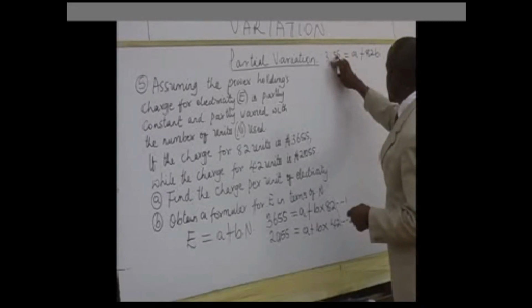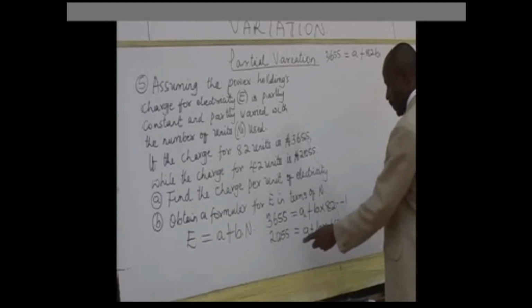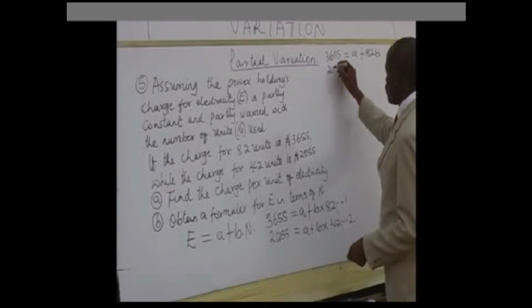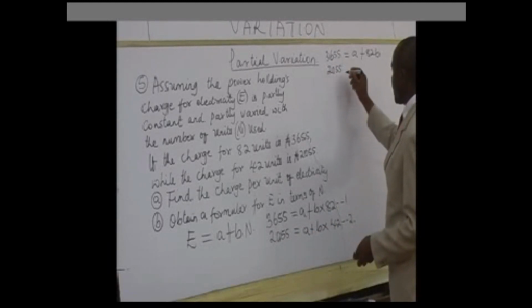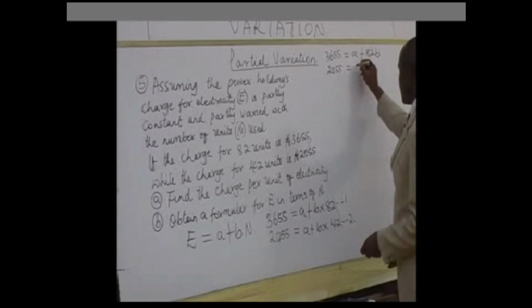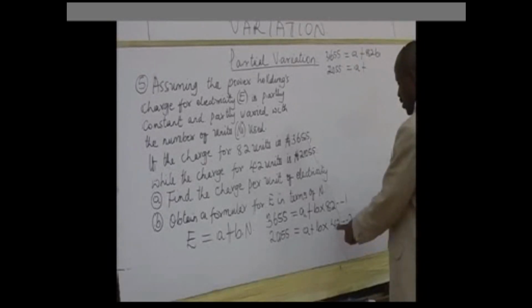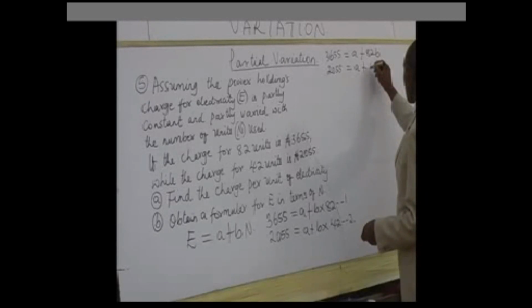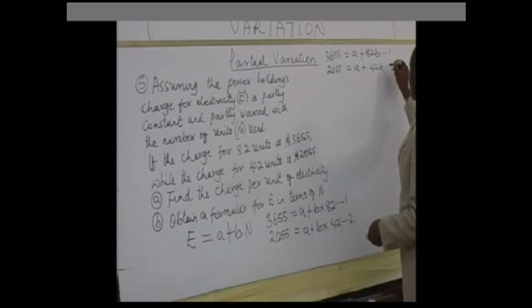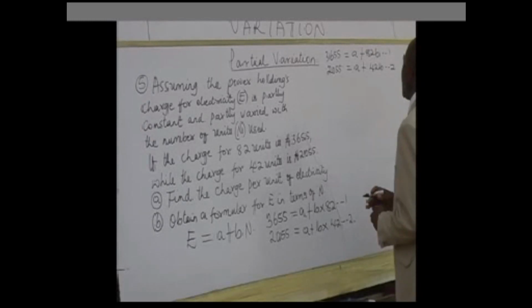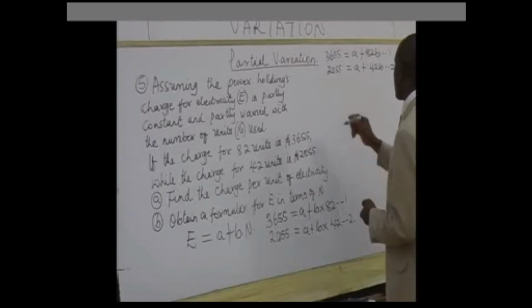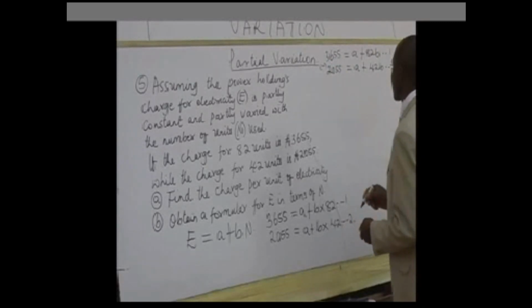Then the second equation is going to be 2,055 is equal to A plus 42 times B, which gives you 42B. So this is equation 1 and this is equation 2. Subtract equation 2 from equation 1. So put the sign of subtraction here.